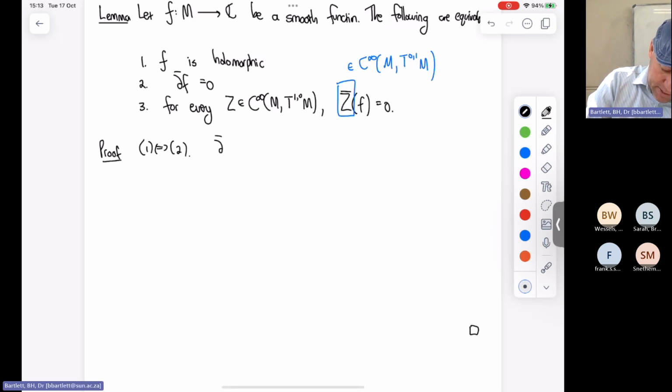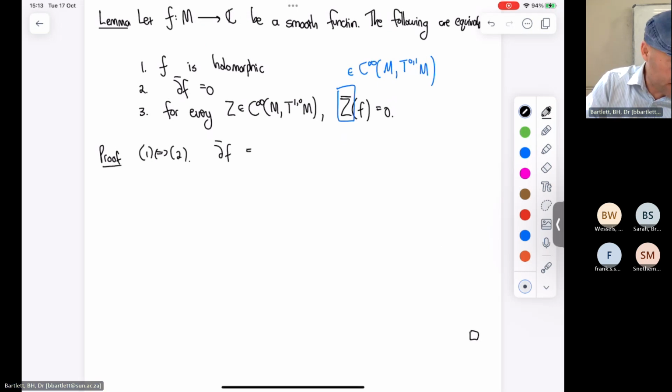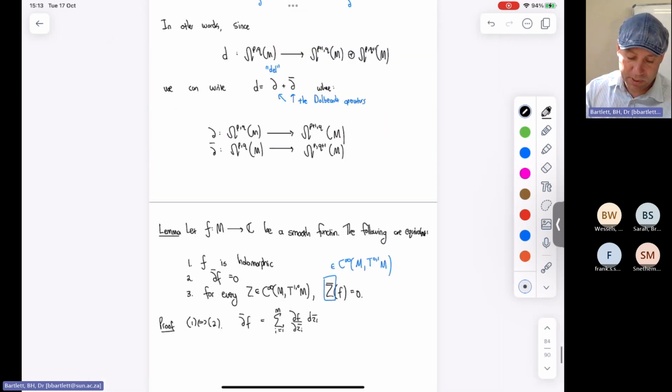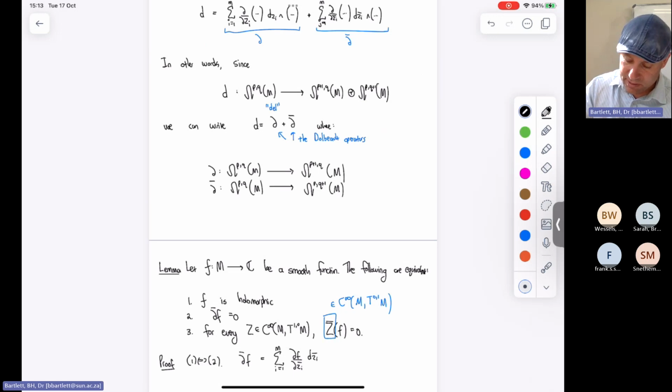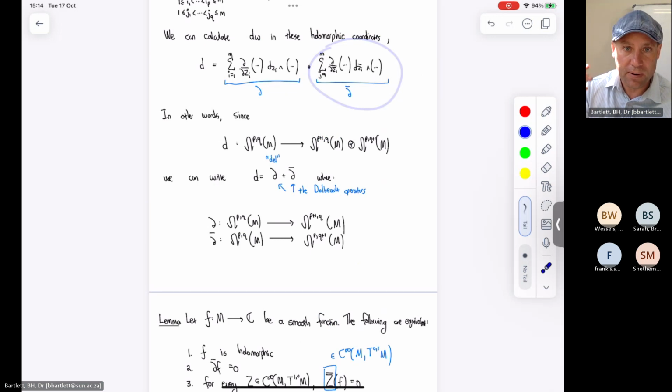So when I calculate del bar F locally, I'm going to get, in terms of the local coordinates, by definition, a sum over all the directions of del F by del Z i bar times dZ i bar, right? Everyone agree with that? That's how this del bar operator works. It's exactly this piece over here. Okay.